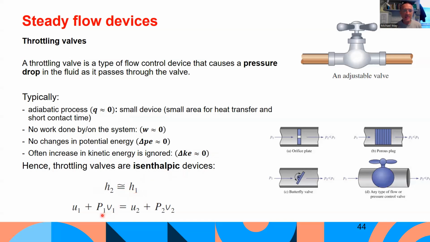And we can express that in terms of its specific internal energy, the pressure, and the specific volume. So we might want to know what the pressure is on the other side of the system. We have the pressure on one side, and we can find the specific internal energy, using steam tables perhaps, and the specific volume, and we can find that second pressure. And that's the end of this section.